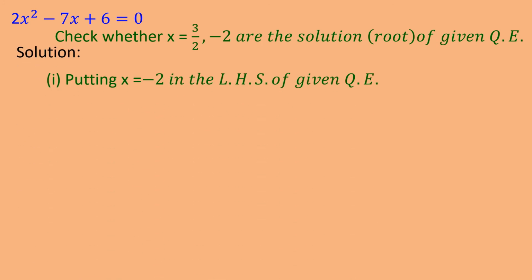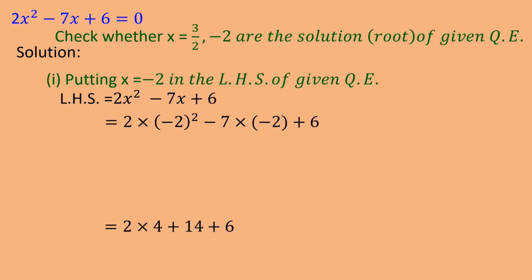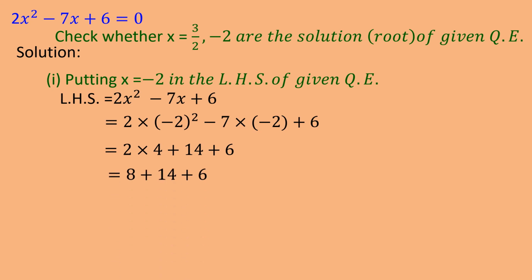Now we are taking x equals minus 2, with the same method. We are substituting the value of x as minus 2 and simplifying. You will find that minus 2 whole square is plus 4, and minus 7 into minus 2 is plus 14.